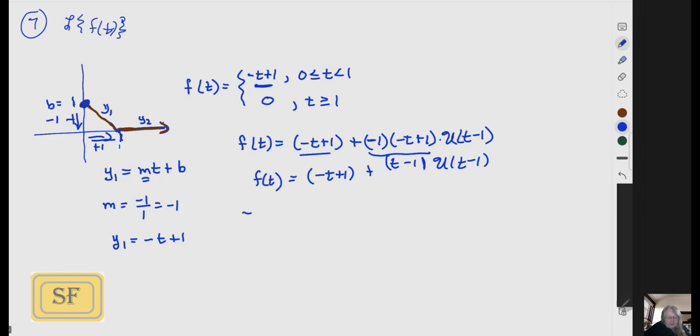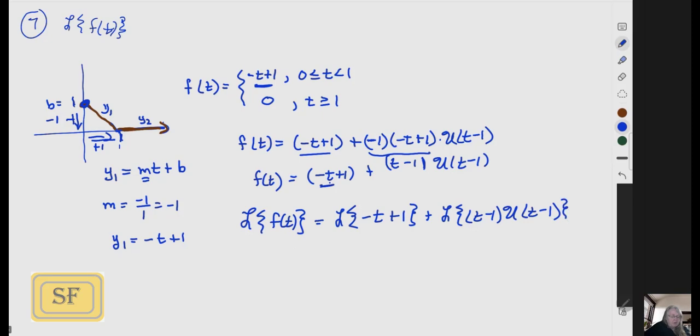And then to find the Laplace of f of t, we can do this term by term if we want to. Let me do Laplace of negative t plus 1. That's just using regular Laplace transforms. And then on the second part, we have the Laplace of t minus 1 times our unit step function with the same shift.